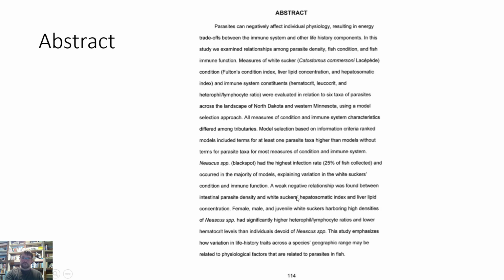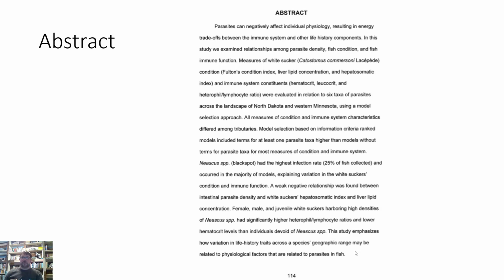Okay? And then at the end, you want to kind of tie it back to the big picture. In this case, I say, this study emphasizes how variation in life history traits across species, geographic range may be related to physiological factors that are related to parasites in fish. So again, I started off with, how do parasites negatively affect an individual's physiology?